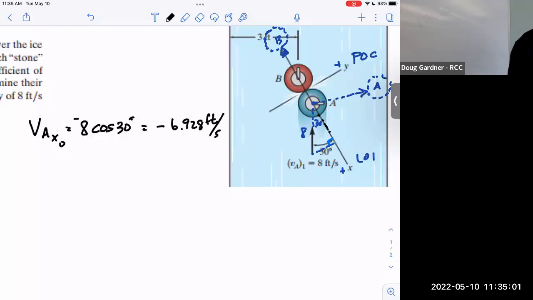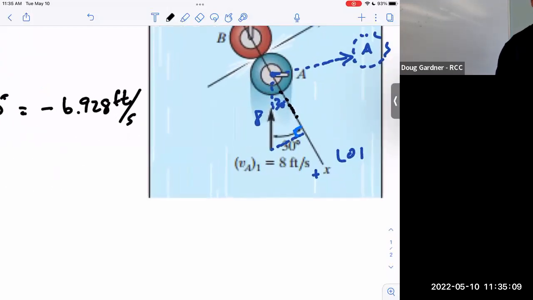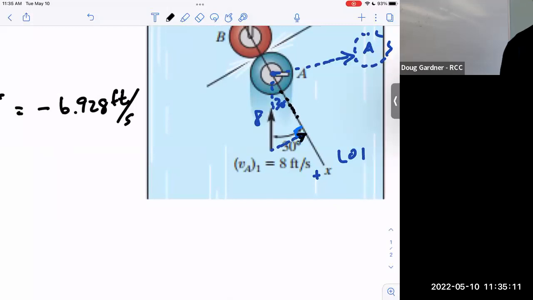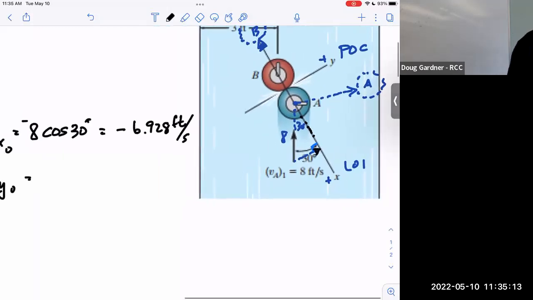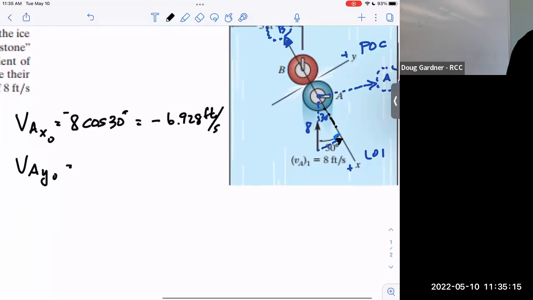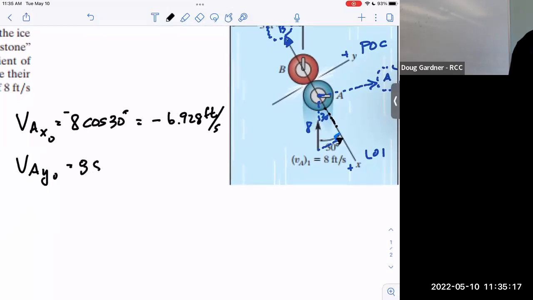And similarly, the velocity of A in the Y direction, initial, would be, well, notice it is actually going to the right. This would be it right here, going to the right. So that is in the positive direction of Y, but that's the opposite of 30, so that'd be sine. So that'd be 8 sine of 30, and it would be positive, which is exactly 4. Sine of 30 happens to be a half, so it's exactly 4 feet per second.